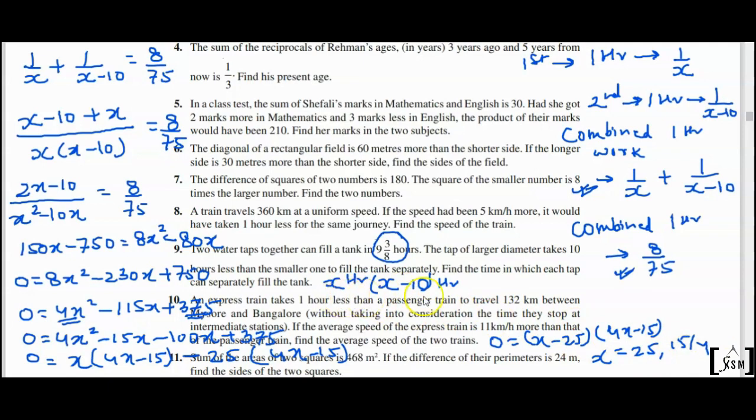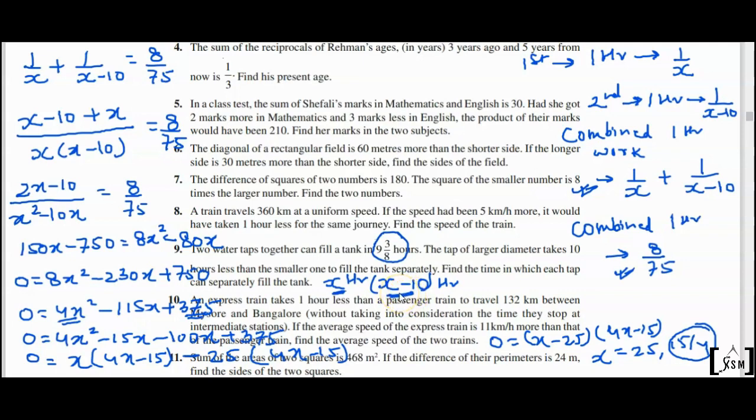So we'll check whether both these values do satisfy the condition or not. So x equal to 25 is fine. We'll get 25 hours and the other tap will take 15 hours. 25 minus 10 is 15. But when x is 15 over 4 hours, that is basically 3 point something hours, 3.75 hours, then x minus 10 would be a negative number, right?